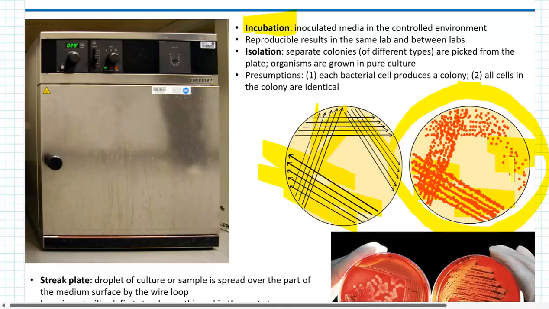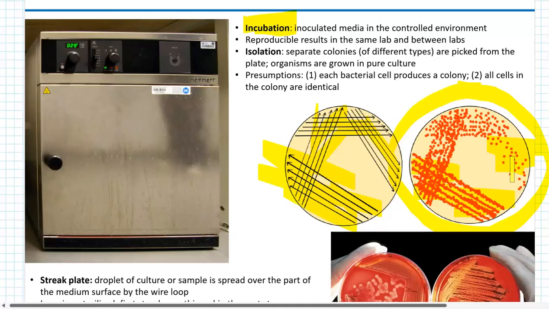Does that make sense to you all? Okay? This is why we call it isolation. We are actually going to practice the streak plate. And you will use a mixed culture, and your goal will be to isolate 2 different species that look very much different, on your plates.